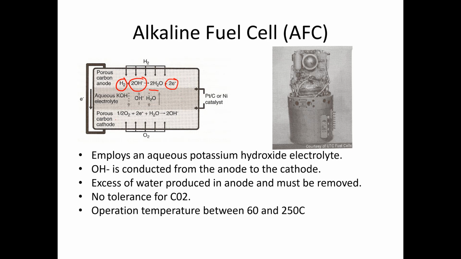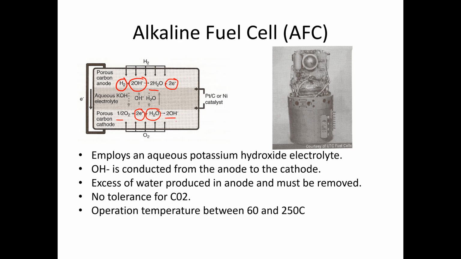On the other side, you have the oxygen reacting with water and two electrons to produce two OH negative ions. So OH negative is conducted from the anode to the cathode in order to facilitate the reaction at the anode. So the excess of water produced in the anode must be removed.